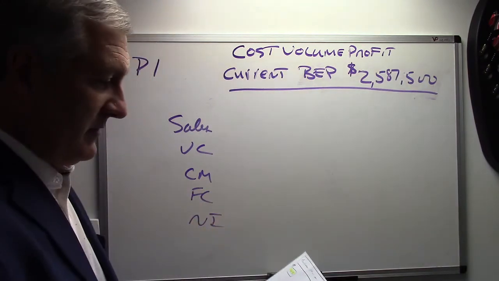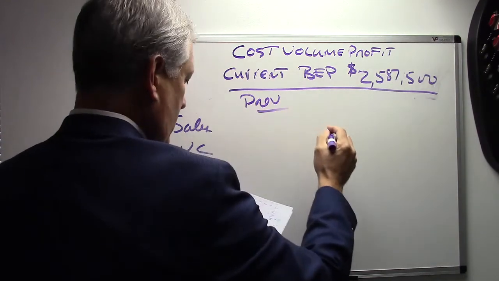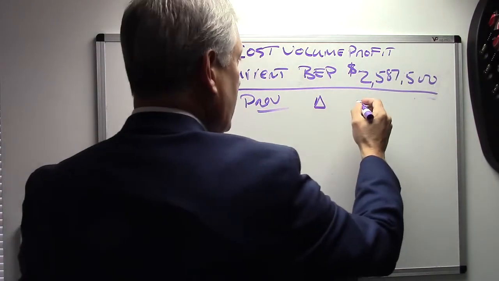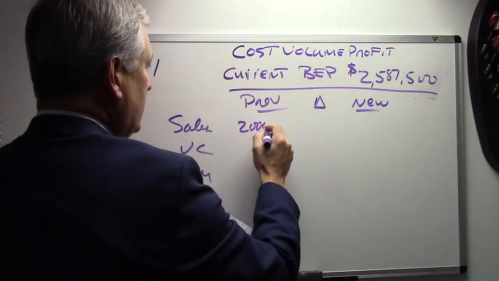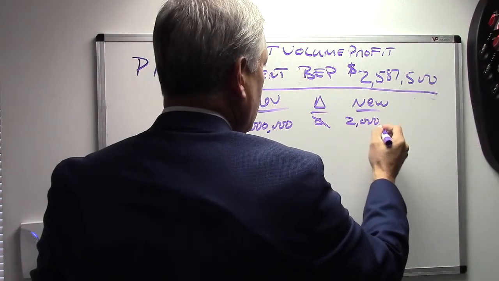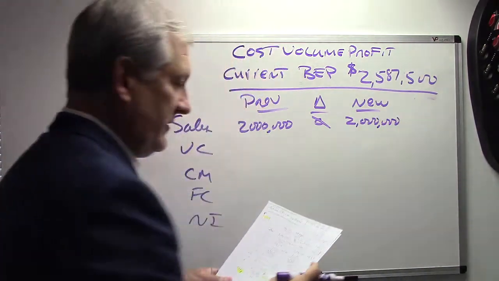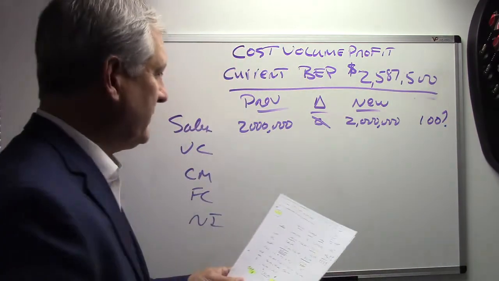That's how that works. So we have the change over here, and we got new. It was $2 million. There's no change. They stay the same. And again, this is always my 100% number.